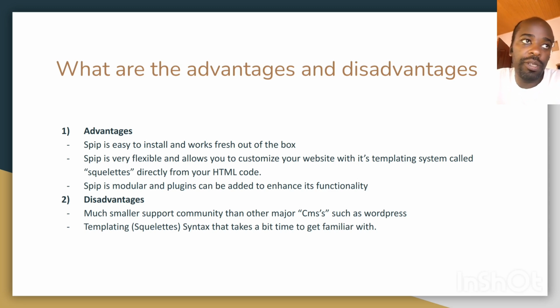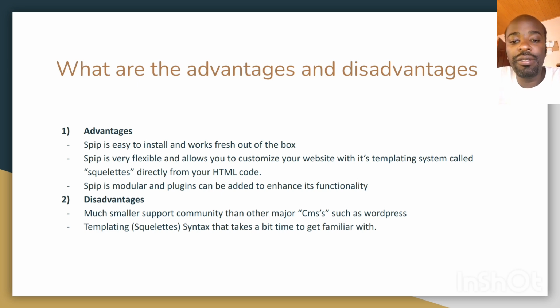It's a French word that would translate in English as skeleton, but it wouldn't make much sense, so let's just call it templates, okay? It's basically templates that you can write directly within your HTML code, some Spip code that will directly link your templates to the database and the Spip core, all right?